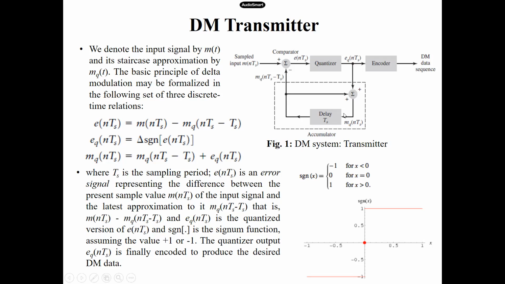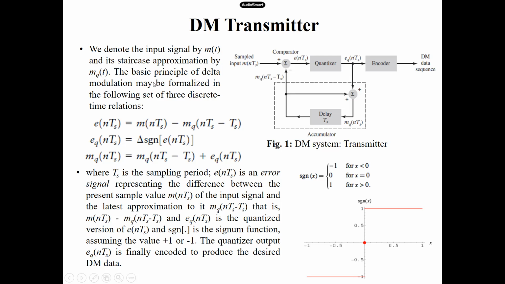The difference is that we have a delay introduced into the output we are getting from the quantizer, and we are then comparing it with the values coming from the sampled input. We denote the input signal by m(t) and its staircase approximation by mq(t).